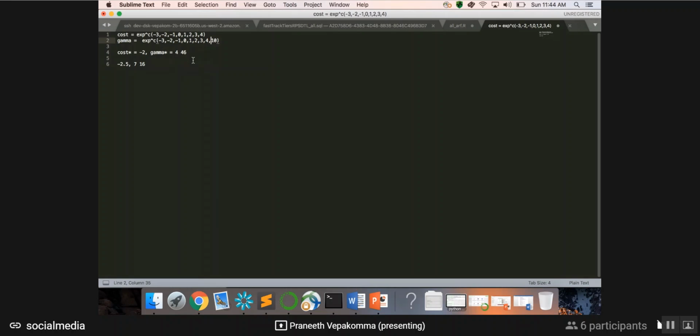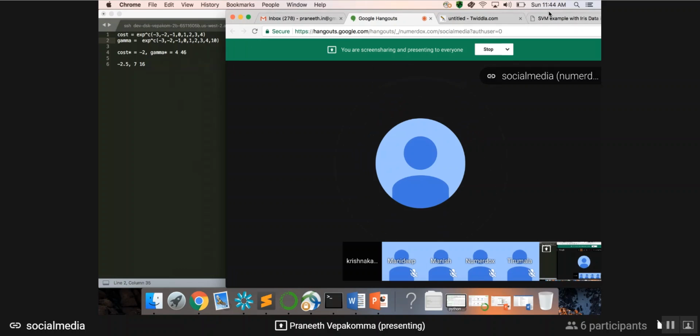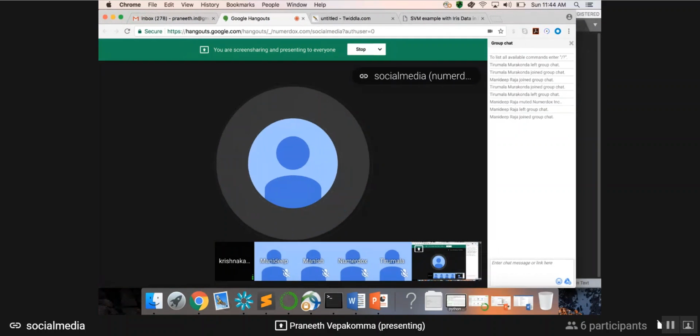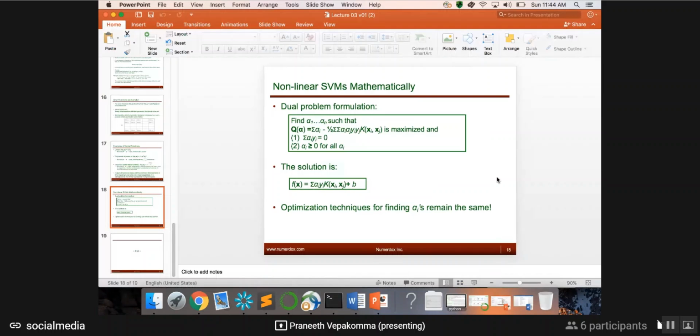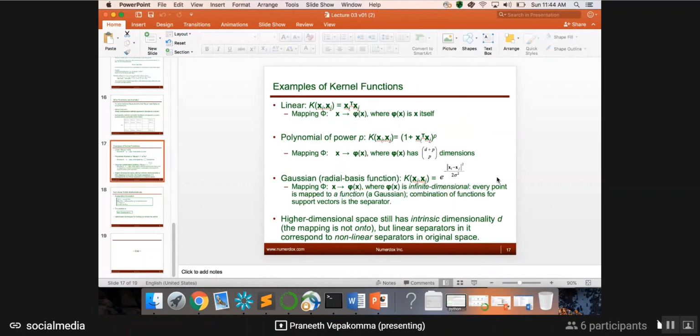As per the equation that you showed me a few minutes ago, like e to the power minus x divided by 2 sigma square. Oh yeah, that gamma, I see. Okay. Yeah, so as per that equation, if we have a bigger gamma, the exponent e to the power of minus 0 is 1, right? Yes.